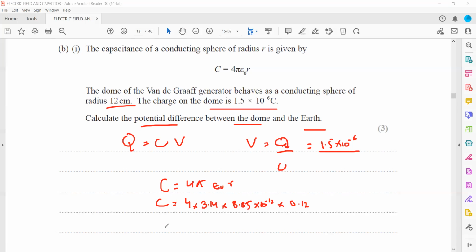When we substitute, this gives the capacitance 1.33 times 10 to the power minus 11 farad. Then Q divided by C gives about 1.1 times 10 to the power 5 volts, which is a very high voltage.